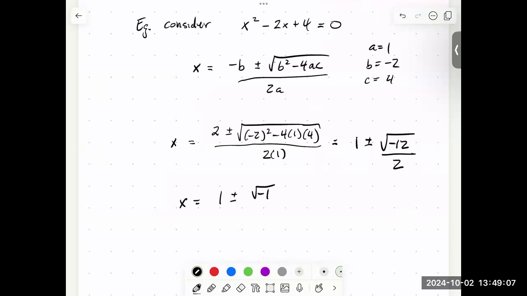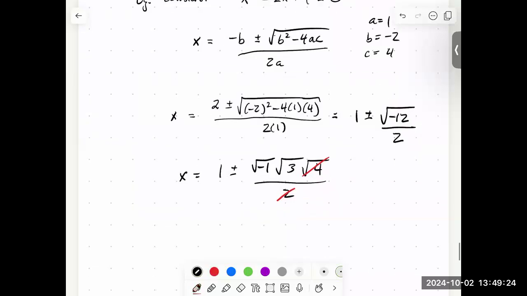I could write that as square root of -1 times the square root of 3 times the square root of 4, and then we have our 1/2. So we'll cancel the root 4 and the 2, and the -1 becomes j, and so we get that x is equal to 1 plus or minus j times root 3.